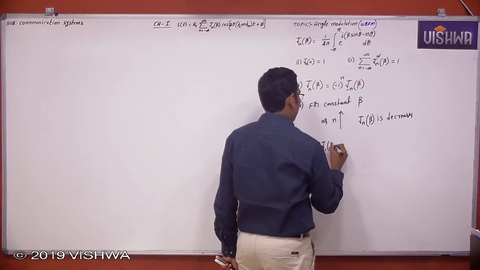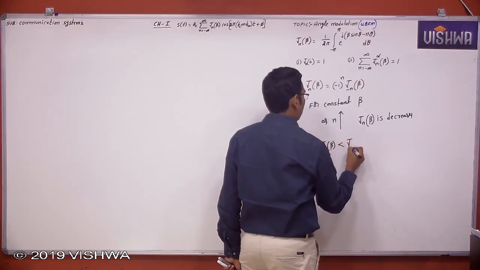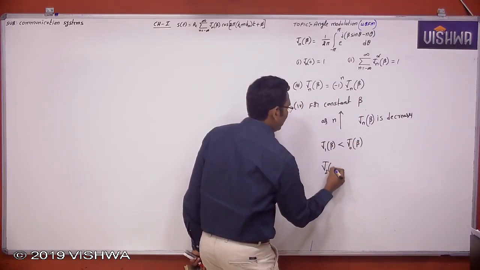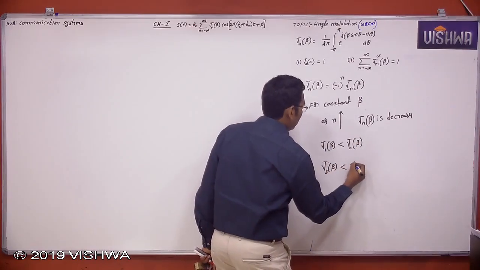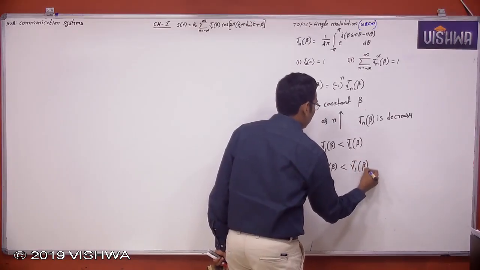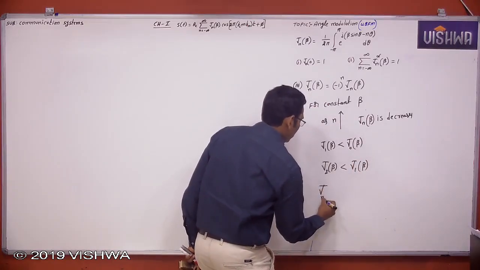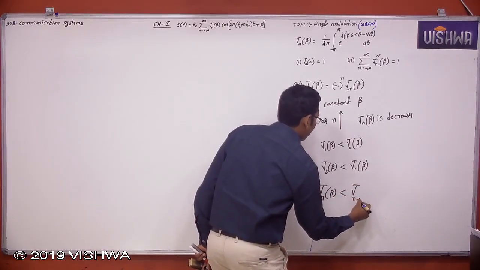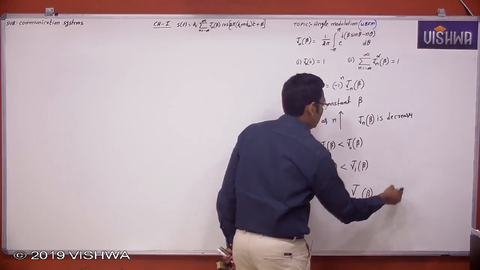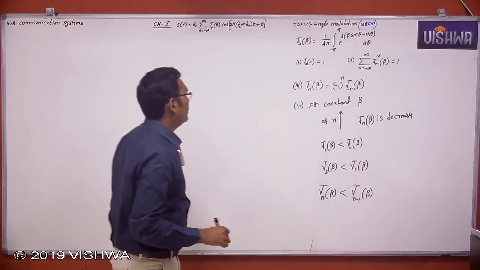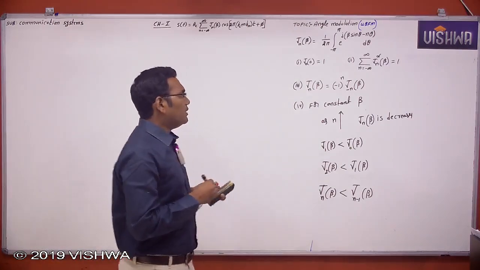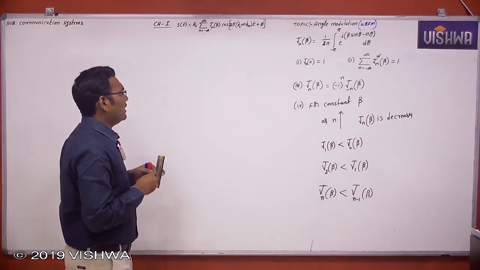Therefore, Jn of beta is less than J0 of beta, and J2 of beta is less than J1 of beta, and so on. Therefore, Jn of beta is less than Jn minus 1 of beta, and so on. Okay. Now these are the properties of the Bessel function coefficient for easy analysis of a wideband FM spectrum.